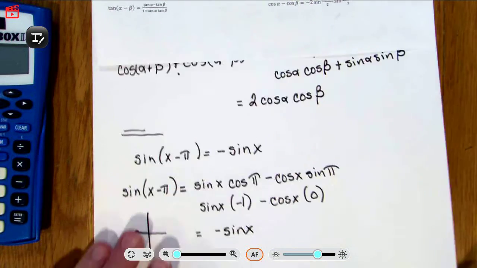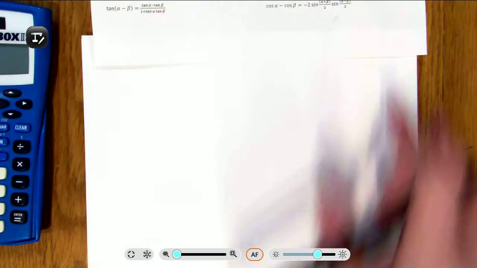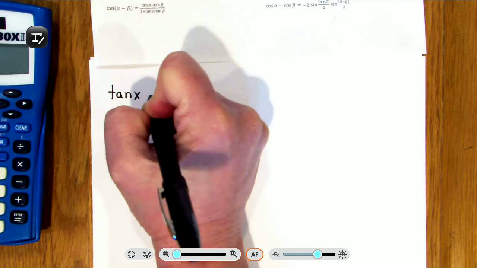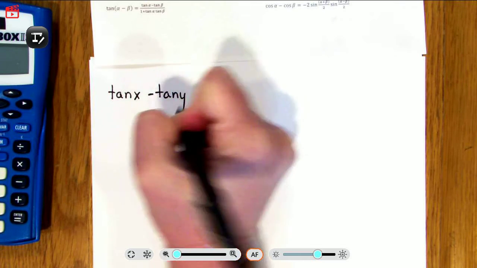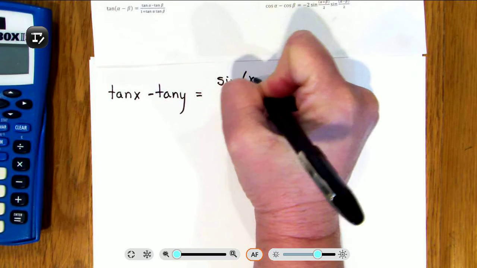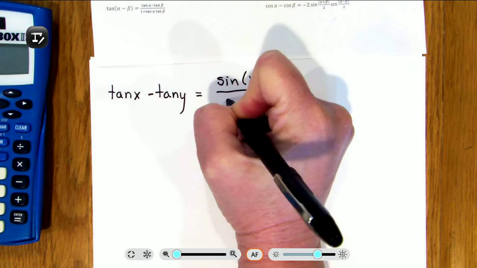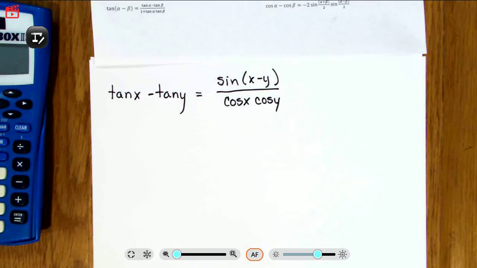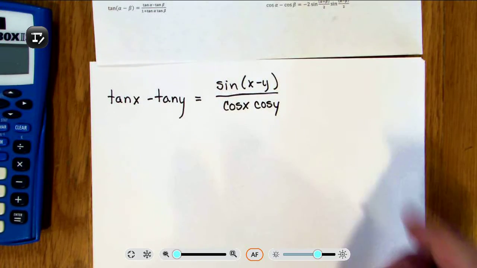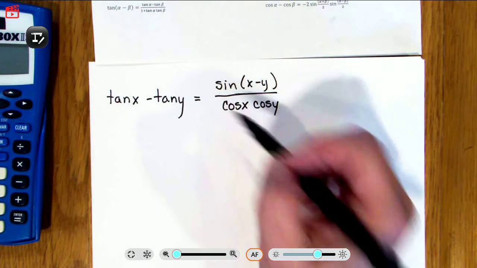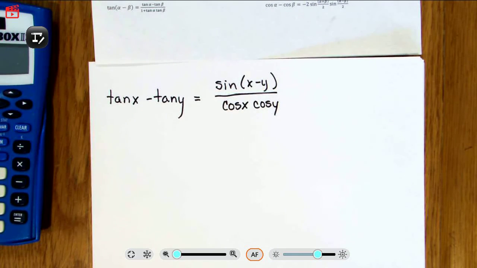Okay, one more so we can kind of practice here. We have the tangent of x minus the tangent of y equal to the sine of x minus y all over cosine x cosine y. I again am going to start with this piece here, or I could start that way as well. It really doesn't matter.